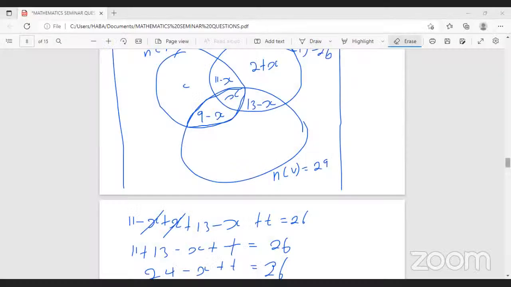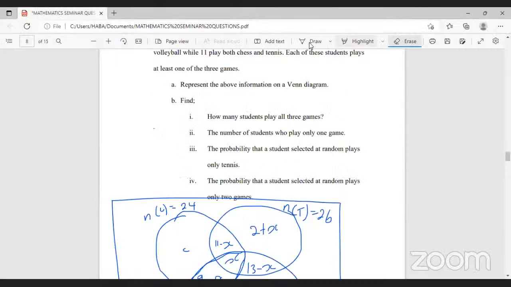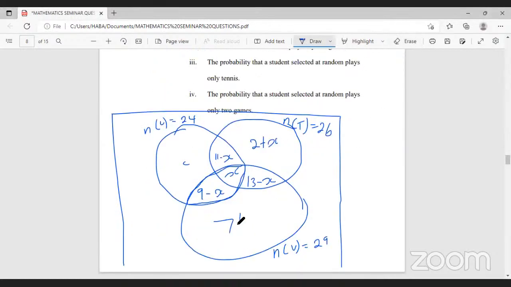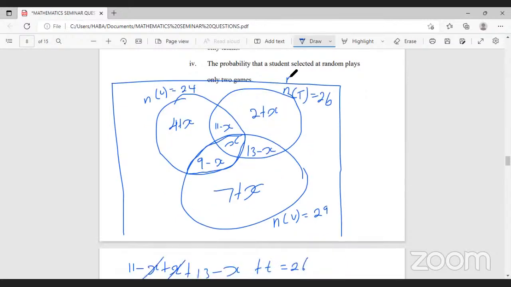So this is 7 plus x. And the last one was 4 plus x. Okay, so now after getting these ones, remember our universal set was 50. So we are going to add whatever is inside our 3 Venn diagrams and we equate it to 50.